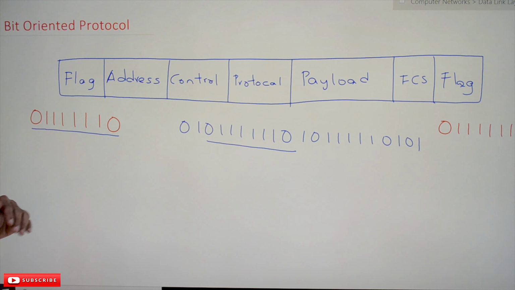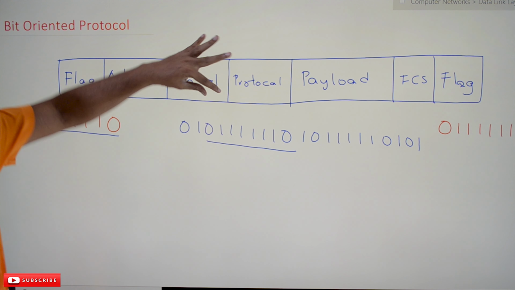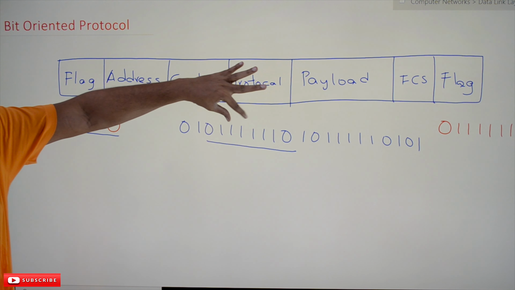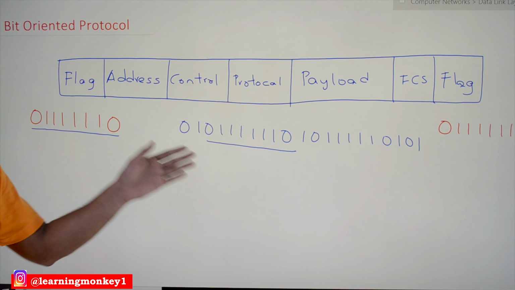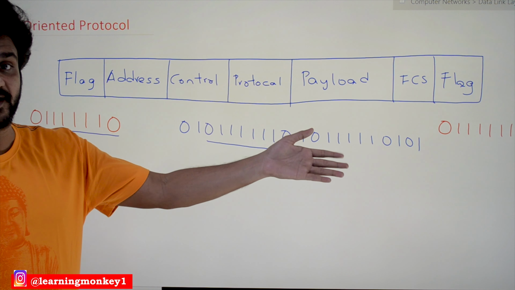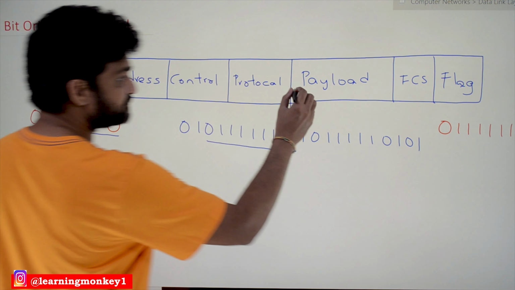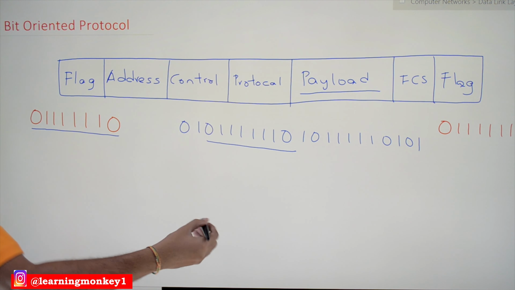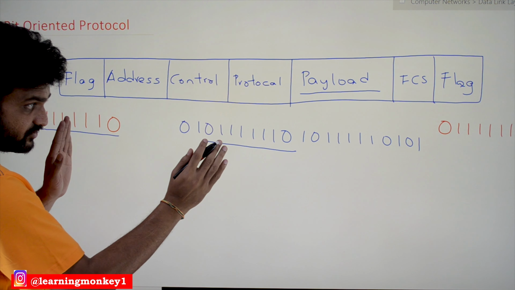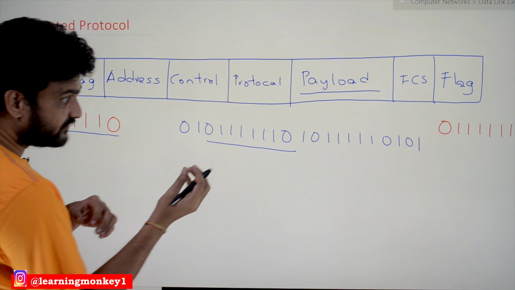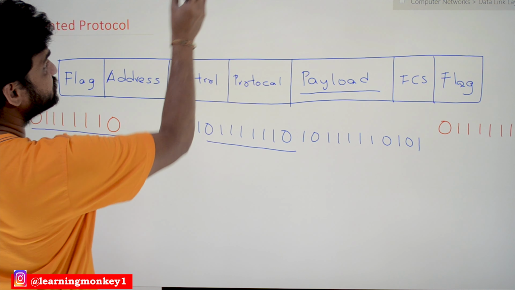Now what we have to do at the sender is, whenever we obtain 5 consecutive ones in the data that we would like to send, within that payload, along with the control bits of the upper layers, we are going to stuff a bit.